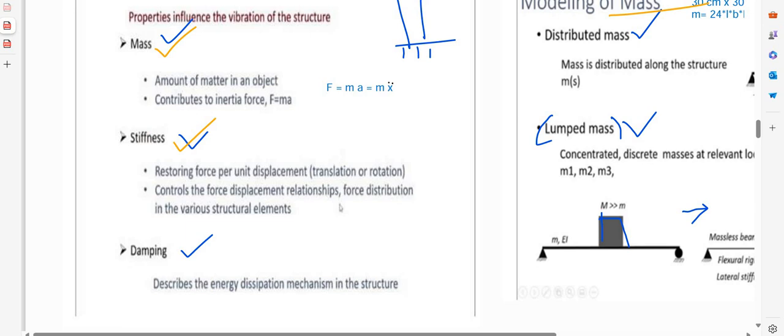Then due to stiffness, I am denoting it as Fk, which is equal to k into x, that is displacement. Then in damping, it is Fc, equal to c into x dot. These are the three forces that will come in a system.